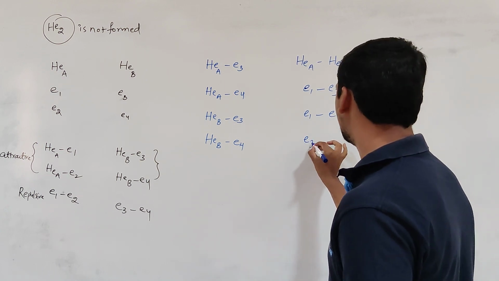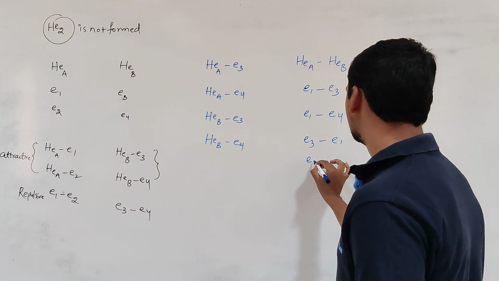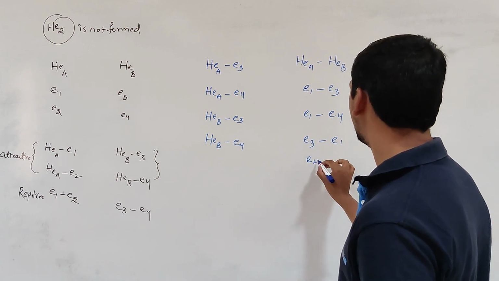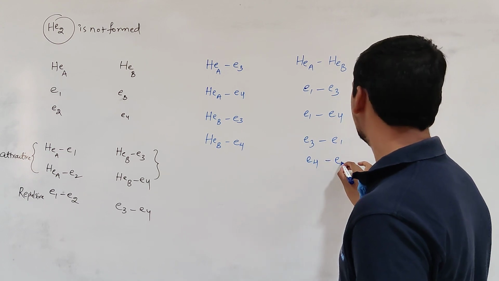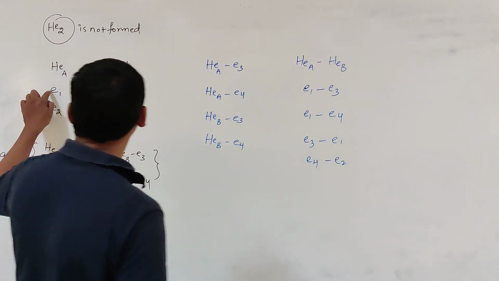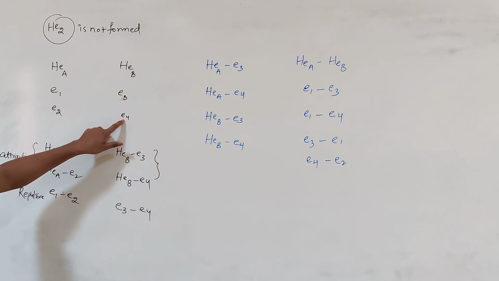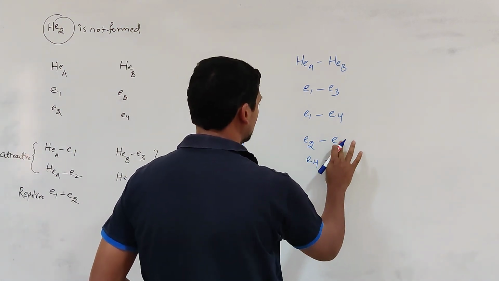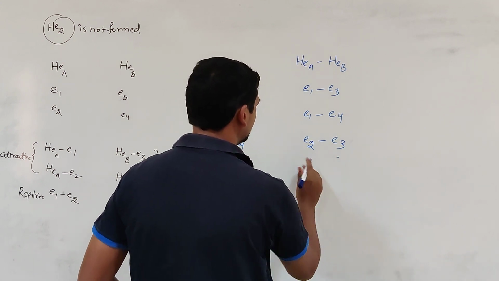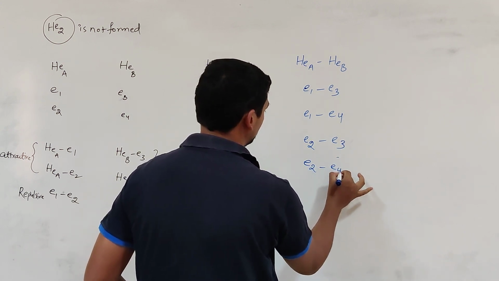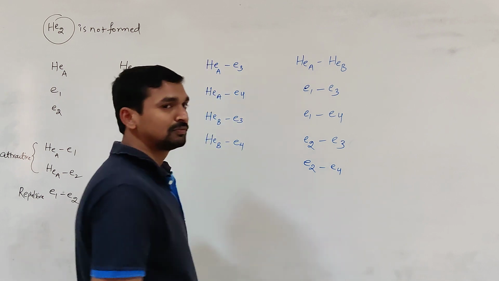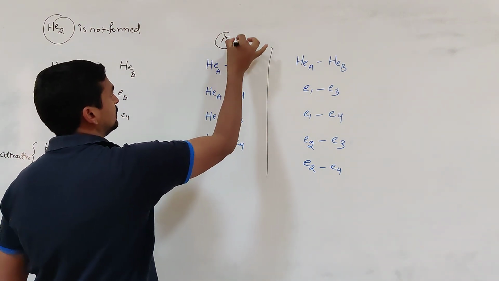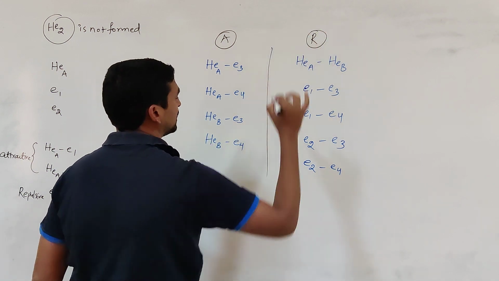Similarly, E2 repels E3 and E2 repels E4. So these are the repulsive forces operating. These are the attractive forces, these are the repulsive forces.